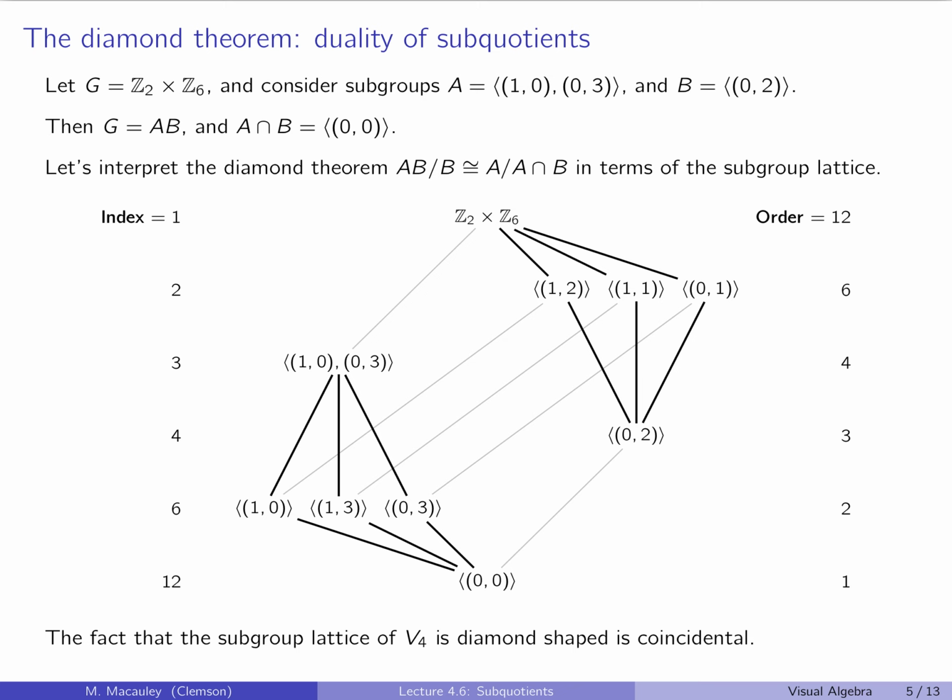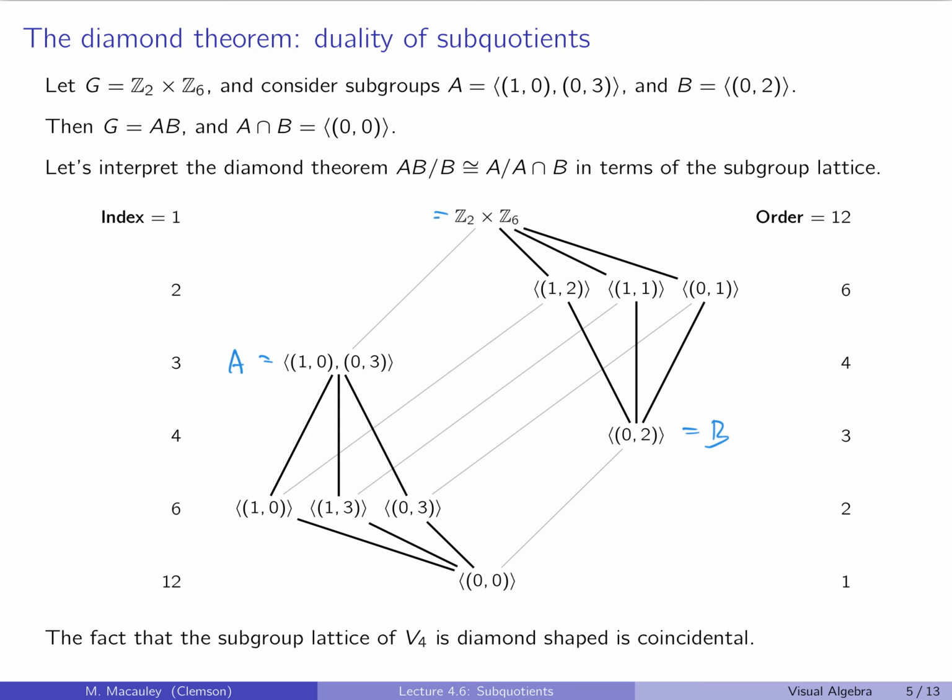First up is the abelian group Z2 cross Z6, and consider the following subgroups A and B. I think it's better to just write them on the lattice. So A is this Klein 4 subgroup, and B is this Z3 subgroup. Then A intersect B is trivial. A times B is this entire group.